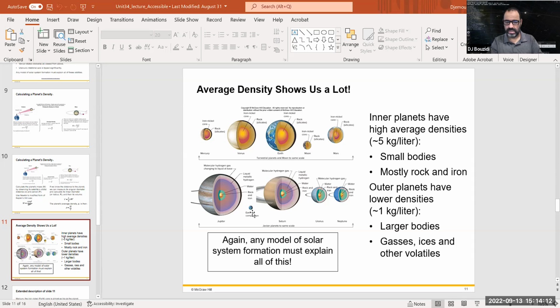As I was saying, this is relatively speaking how the Earth compares to the other planets. Jupiter here is slightly heavier than water, and these 2 planets are a little bit denser, but this one is less dense than water. Just by looking at these densities, you can compare objects and their structure.